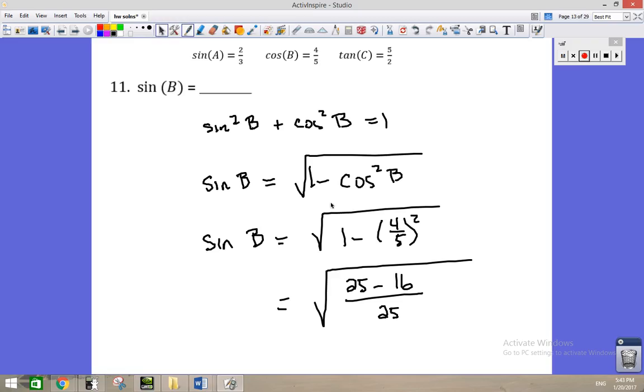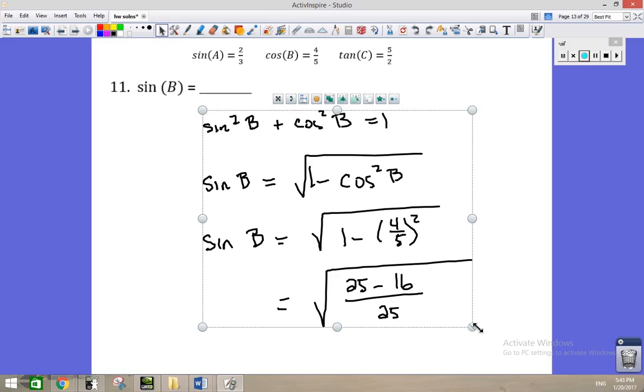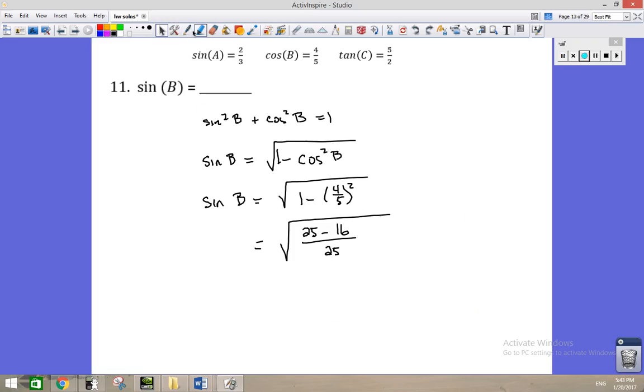When I subtract 25 minus 16, I get 9. The square root of 9 is 3, and the square root of 25 is 5. So I get, again, whether I use the trig identity or information about special right triangles, or the Pythagorean theorem, the 3, 4, 5 triangle, the same answer.